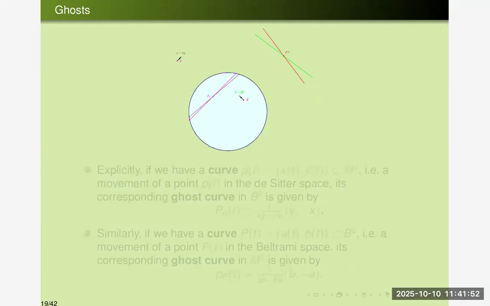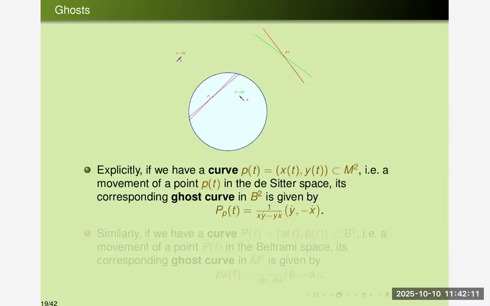So I can even calculate explicitly: if I have this P plus delta P, I can see how the capital P with small index p looks like, or if I have capital P, I can see how the small p with capital P index looks like, right? And in my coordinates, you can calculate this thing. So to a curve P of t here, which is space-like, there corresponds a curve capital P with small index p of t in here.